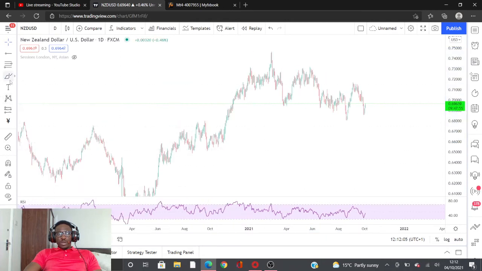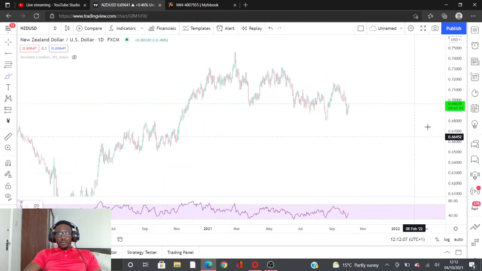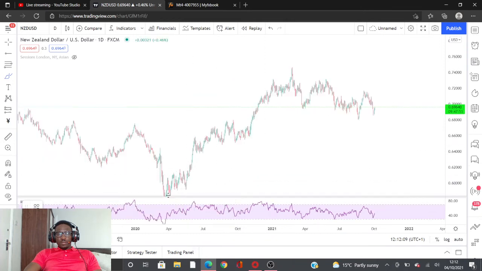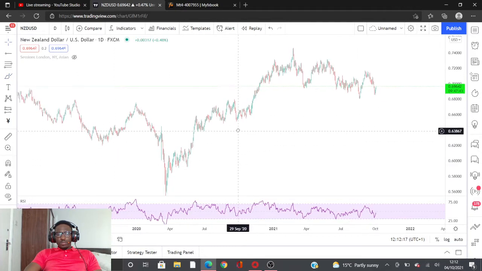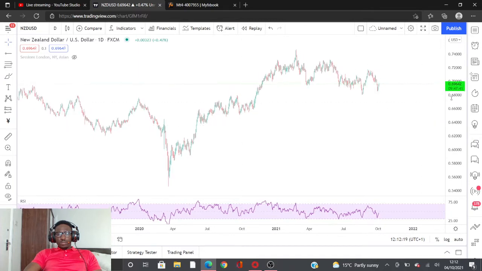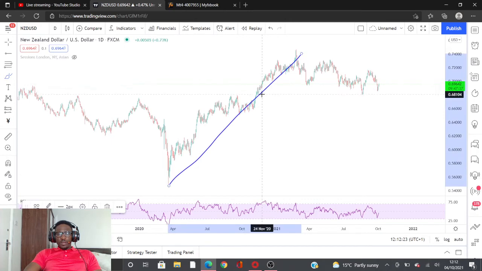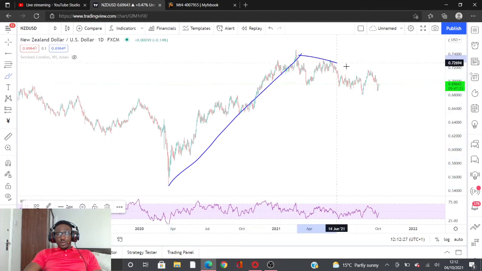Corrective pattern because we had a huge impulse leg here, and this is a corrective pattern on a daily chart.